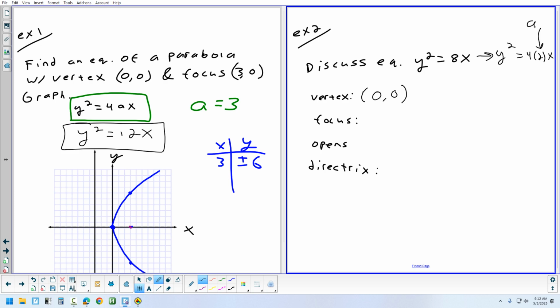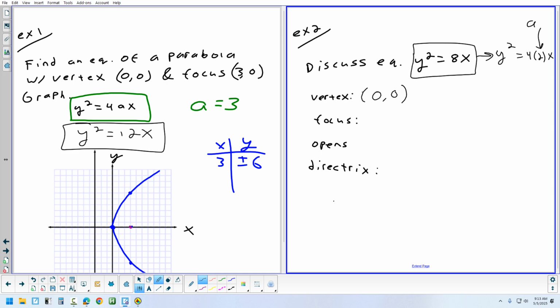What we're going to be looking at in a minute is how do you know which way the parabola opens. Once you know that, you know if it's up, down, left, or right for the focus. But for now, I said the parabola is always going to open which way? Until I tell you otherwise, it's always going to open to the right.